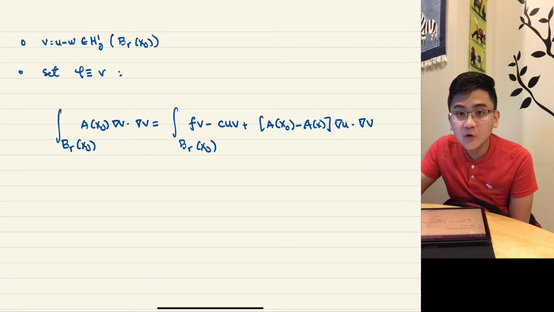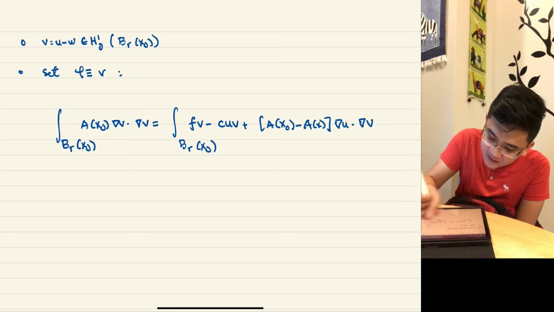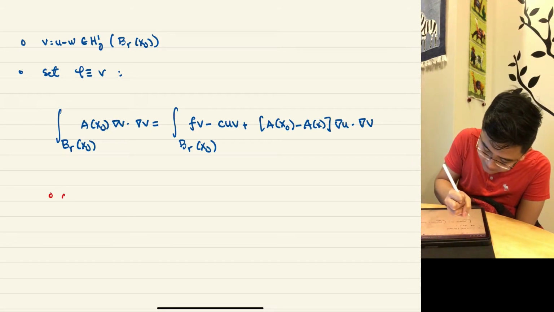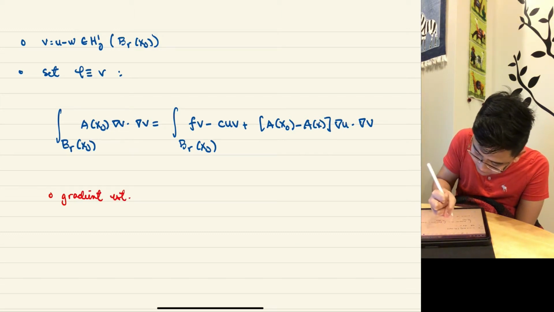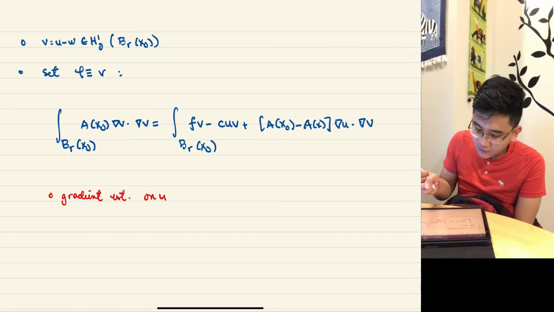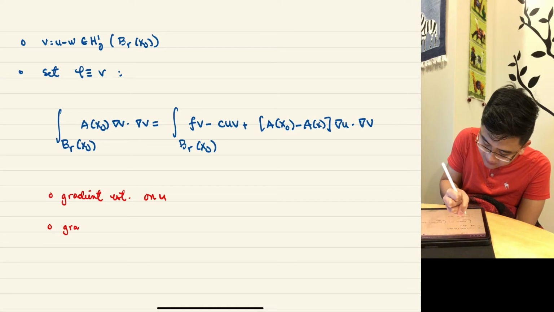Remember, the point of this theorem is we need gradient estimates on U. At this point, what we're going to get is some kind of a gradient estimate on V.